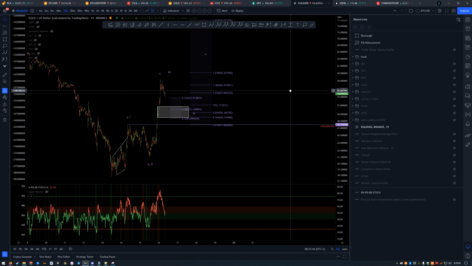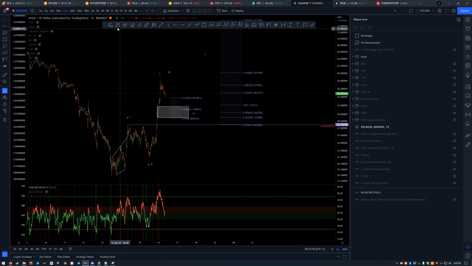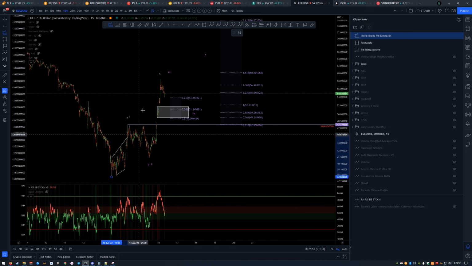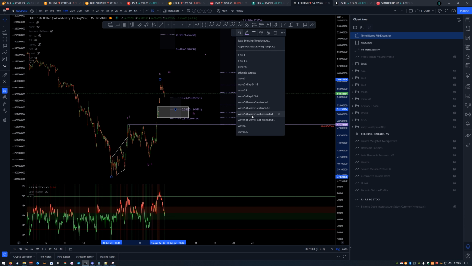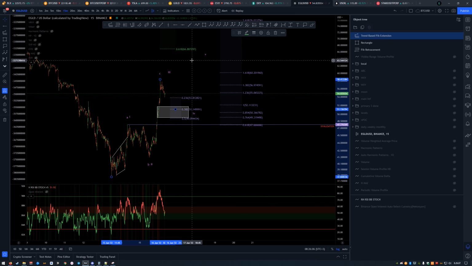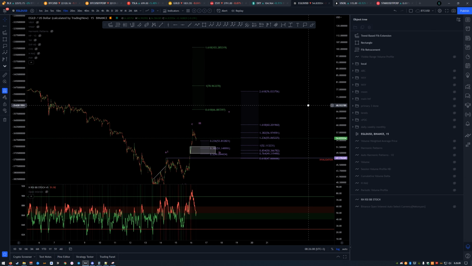Now, assuming that this is indeed a wave 5 or 5-wave sequence or impulse wave, and we clearly see that we don't have an extension here on the third wave, and we would pivot from the most likely area of 38.2 here, what are we looking at as the possible extensions? There we go, and these are our targets.